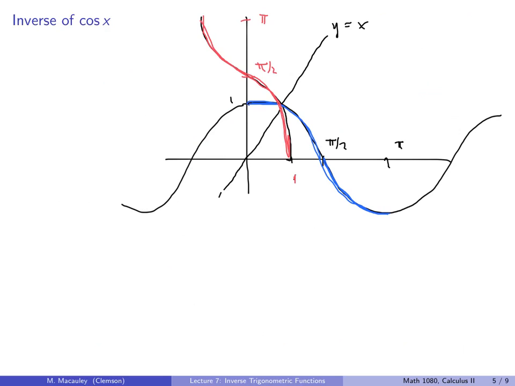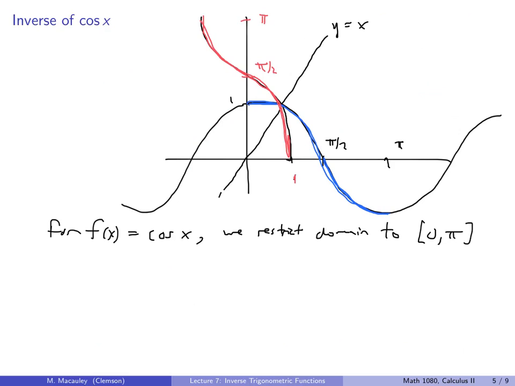Okay, so let's summarize. Let me switch colors. For f of x equals cosine of x, we restrict the domain to 0 to pi. So let me draw that: this is f of x equals cosine of x, and this is f inverse of x equals arc cosine of x.